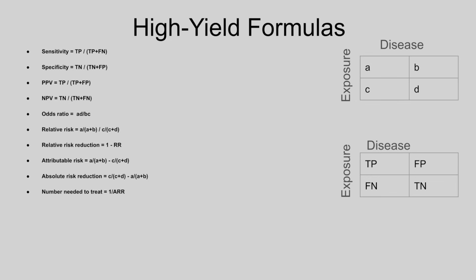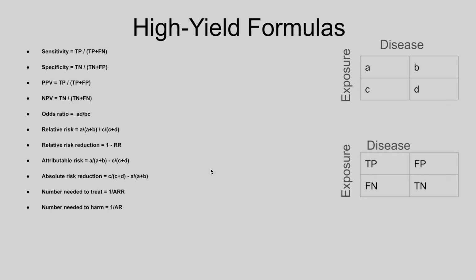For number needed to treat, you take 1 divided by your absolute risk reduction. For your number needed to harm, you do 1 divided by your attributable risk. Okay, and remember, it's the bigger number. So that's how you know which one to add or subtract first.